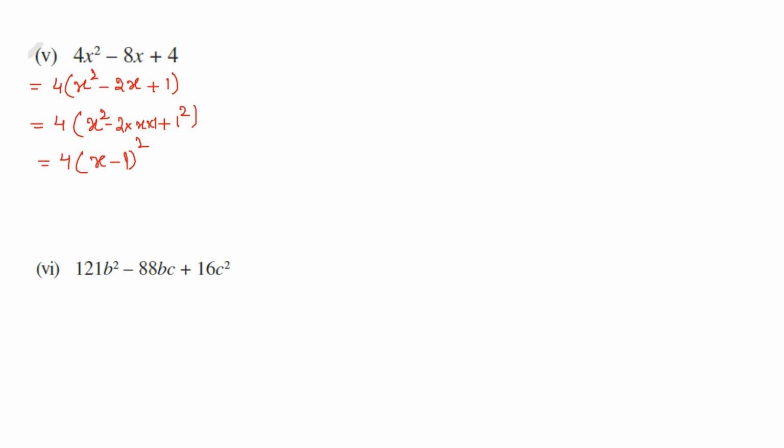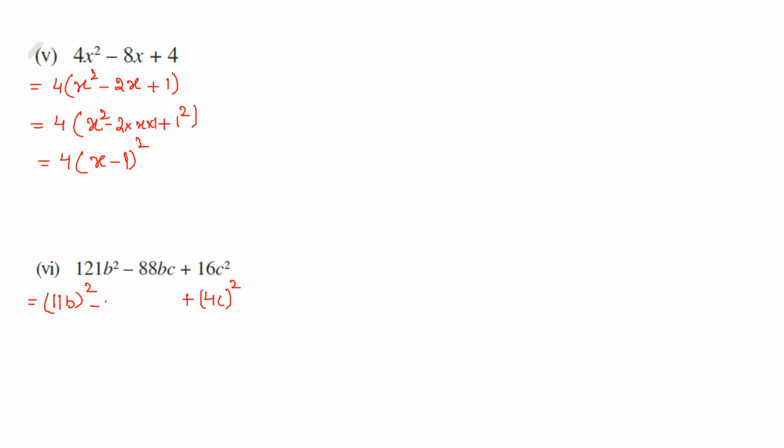Next, question number 6. 121b square minus 88bc plus 16c square. So I know 121 is a square of 11, 16 is a square of 4. So let's do it. 121b square I can write as 11b whole square. 16c square I can write it as 4c whole square.